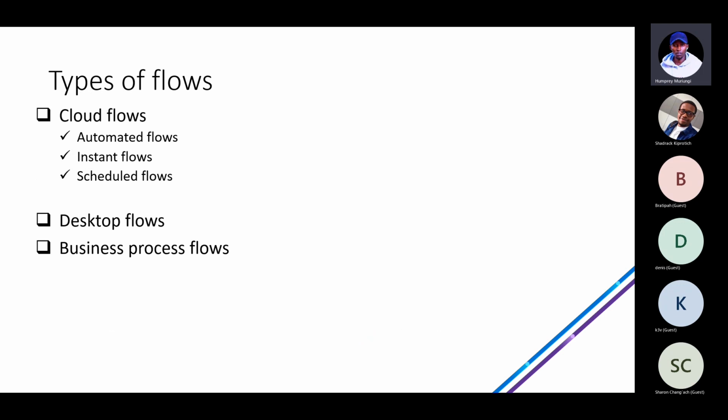As you saw from the last session, the types of flows are cloud flow, desktop flow, and business process flow. The cloud flow is also divided into three: automated flow, instant flow, and scheduled flow. The automated flow is triggered by an event occurring.